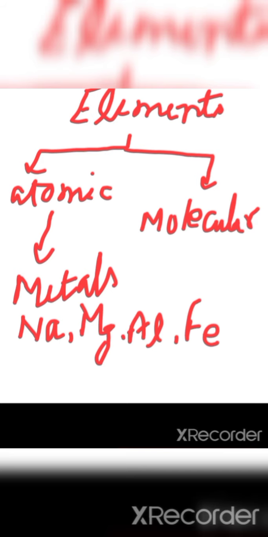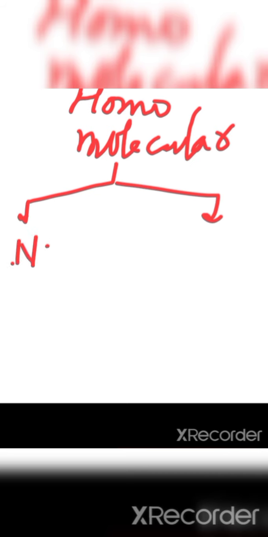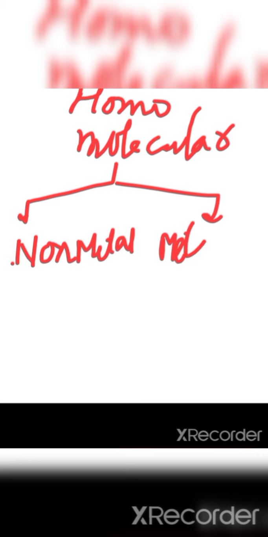Now some are molecular. Now we are going to discuss molecular. All elements are homomolecular. These are of two types: non-metals and metalloids.